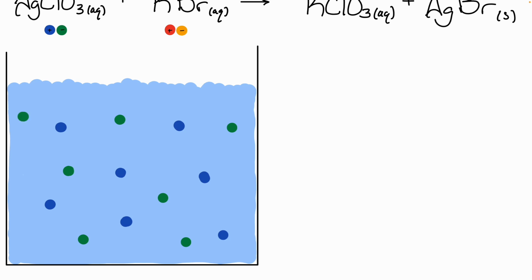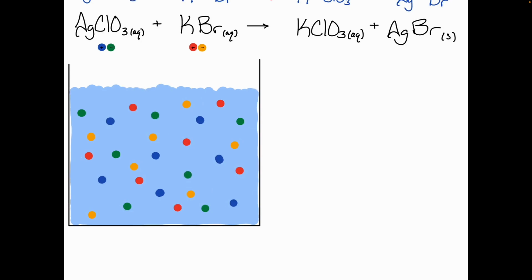They're floating around all independently. Then if I mix in my aqueous solution, I'll have these potassium ions and these bromide ions floating around. So I just have this mixture of these two ionic compounds here.